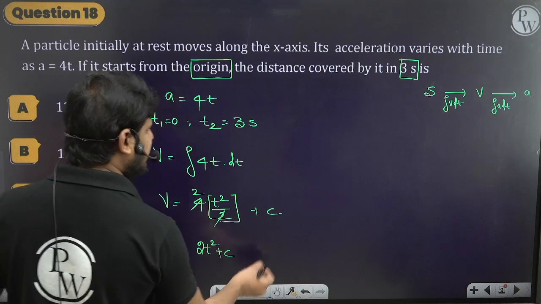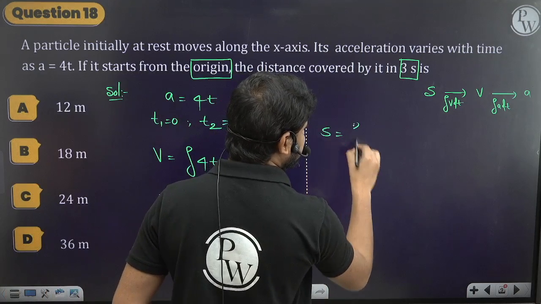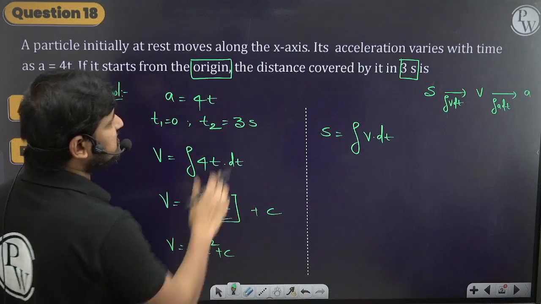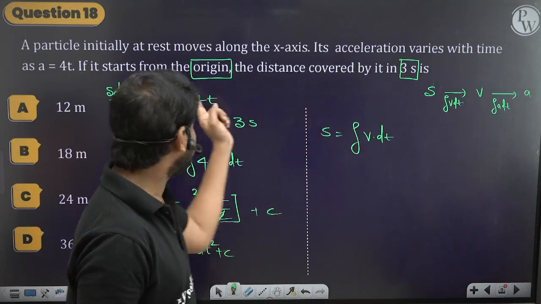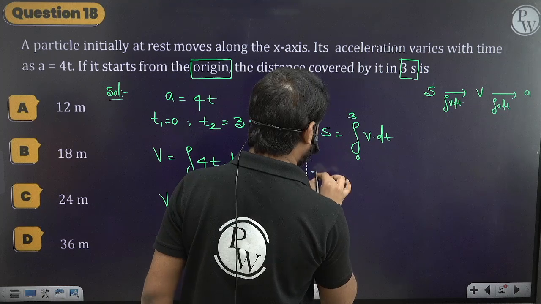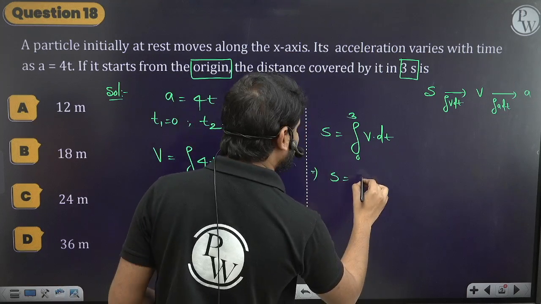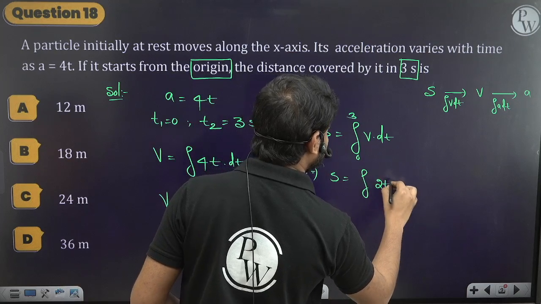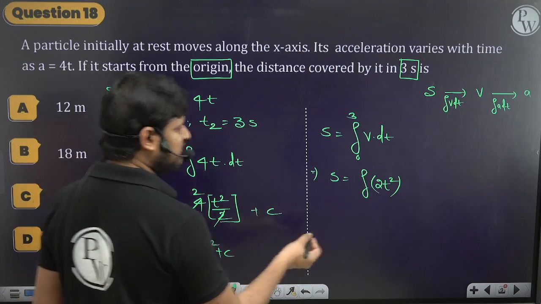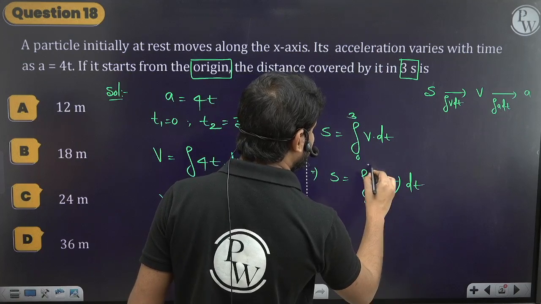And again integrate that, so we get the displacement. So the displacement is equal to the integration of v dt. Now the distance covered by it in 3 seconds, so that means 0 to 3 seconds they are asking. Now see here, s is equal to the integration of v, so 2t squared. The constant of integration is going to be 0, so don't write that. So just write dt, from 0 to 3.